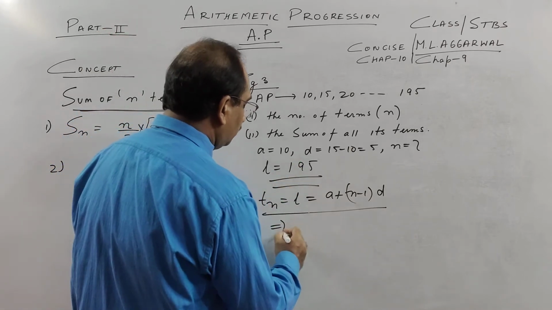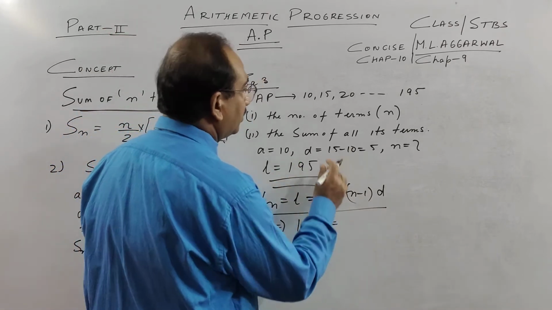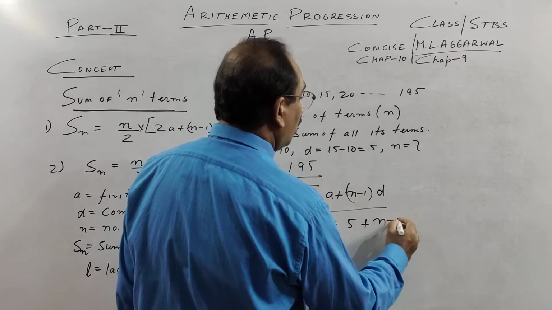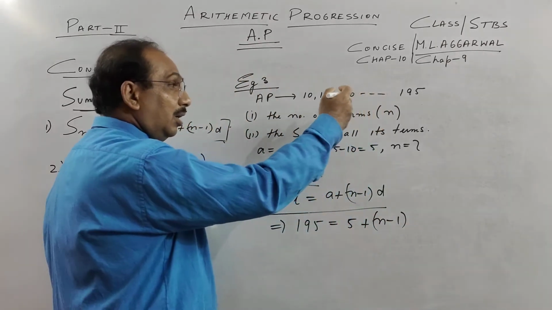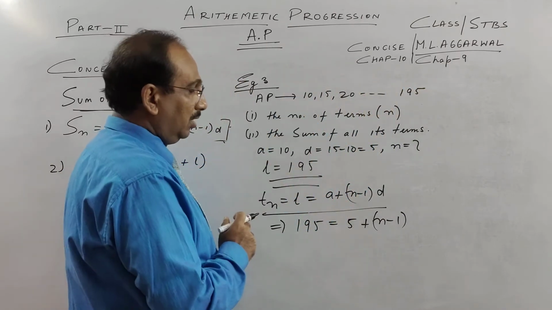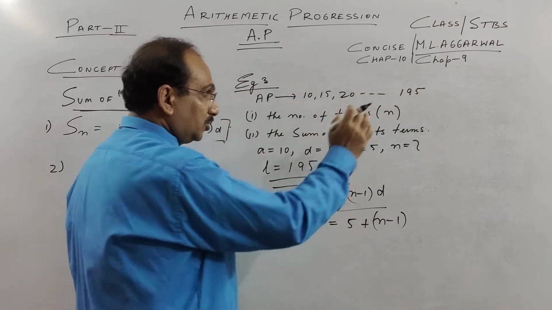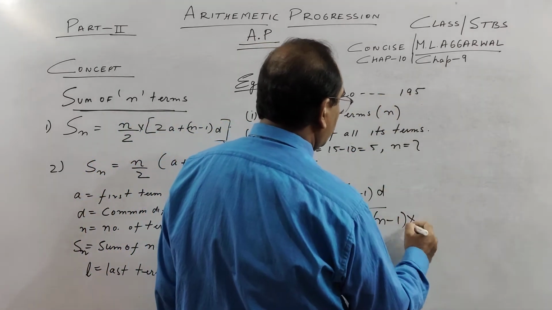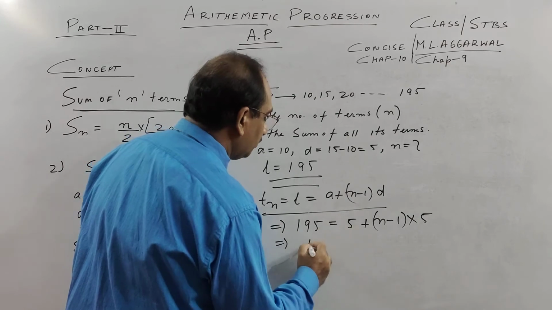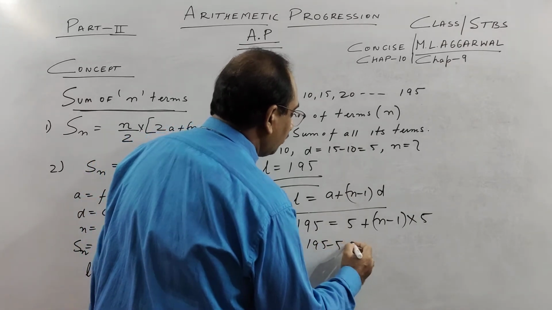We know the last term is 195, children. A, the first term, is 5. We don't know how many terms are there, because 195 is the last term. Okay, so we don't know the number of terms. So this is the last term, into d, you see, children, is 5. So let us solve, children. 5 comes here. 195 minus 5.